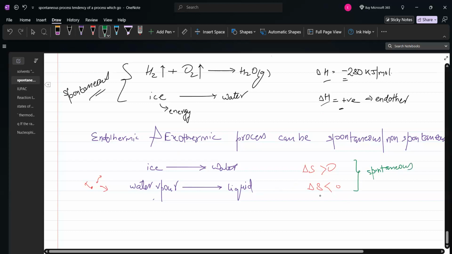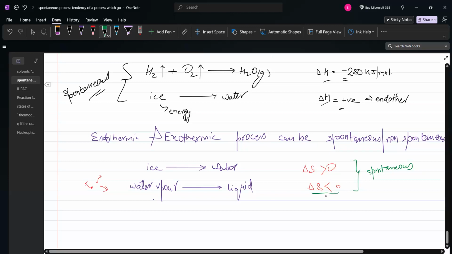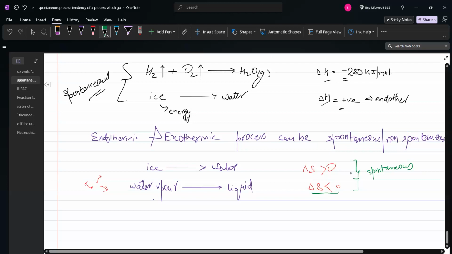Are they not spontaneous? In terms of the world, can you see these are spontaneous? This second one is not spontaneous. However, it is happening, right? We have already said that when the entropy increases, then only is it a spontaneous process, right?